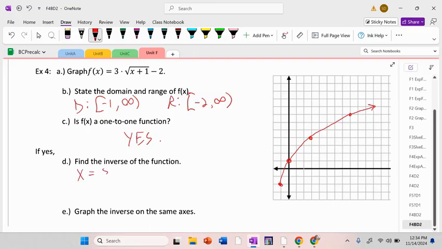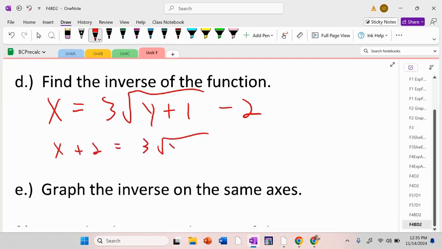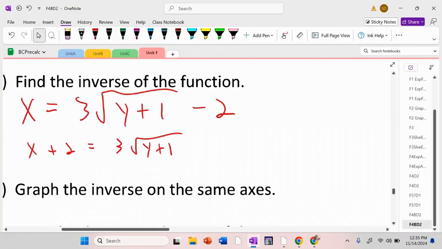x equals 3 times the square root of y plus 1, minus 2. All right, so we can add 2. This is where it gets a little wonky. What do I do with this divide by 3? You could leave it.